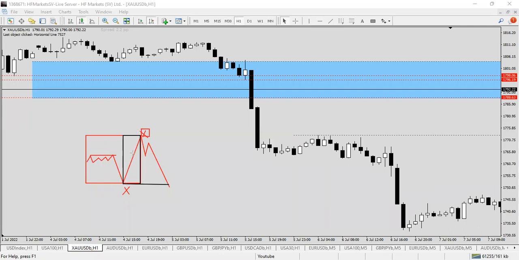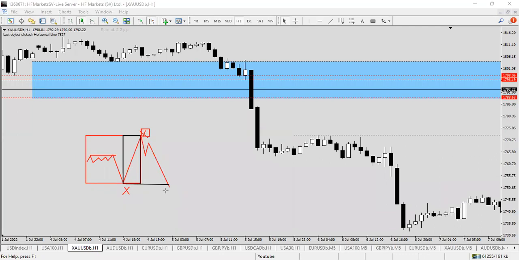This is not, well, all right, never mind that part. Too much sauce. Kidding. But this is your dealing range now. So if the dealing range low gets broken, what does that mean? This is now a break in market structure because the range that we're trading in has been broken.